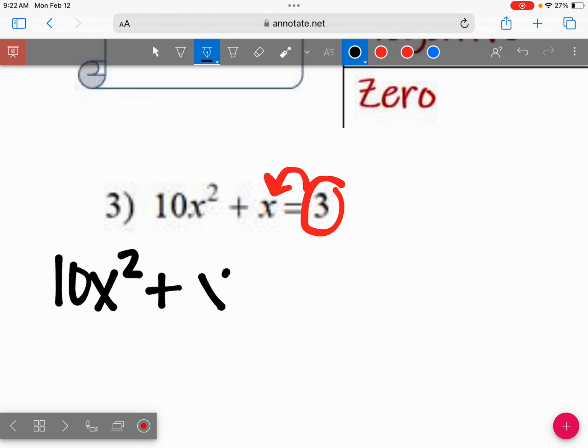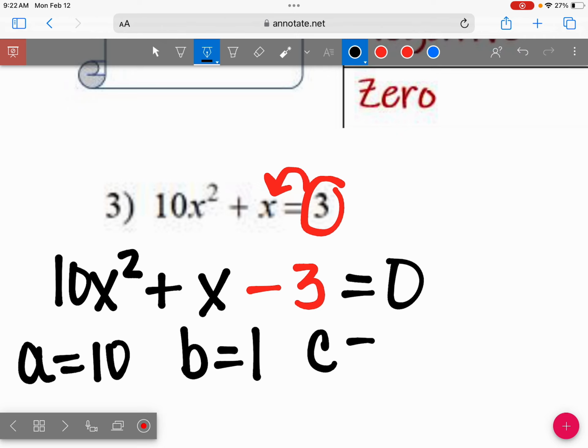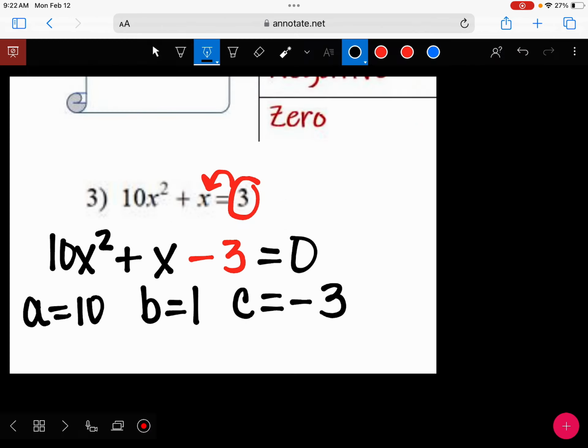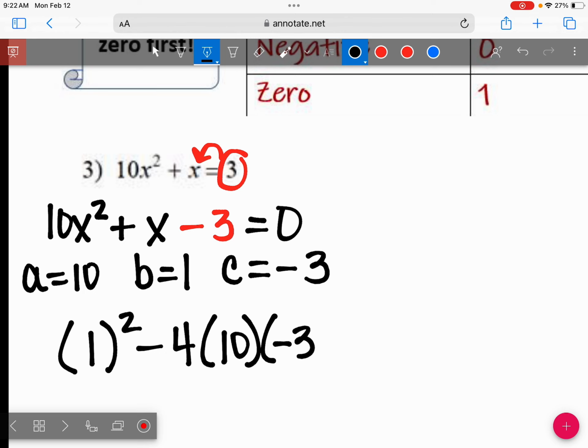So we have 10x squared plus x minus 3 equals 0. A is 10, B is 1, C is negative 3. So B squared minus 4 times A times C. Type that in your calculator.